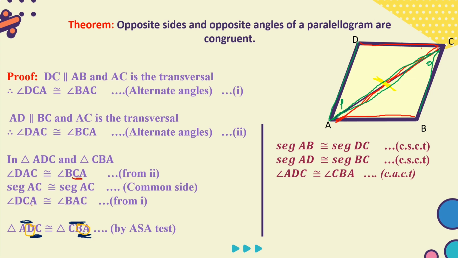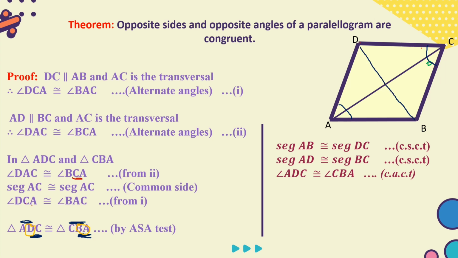But what about the second angle? If you see the second angle, from here we have got angle D is congruent to angle B, right? So to prove angle A is congruent to angle C, what do we have to do?